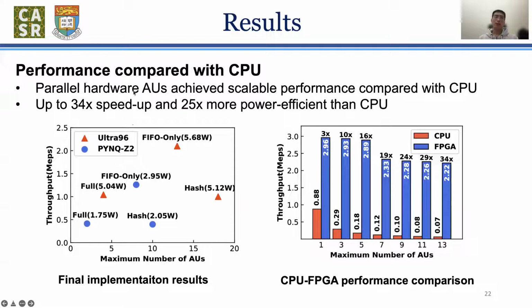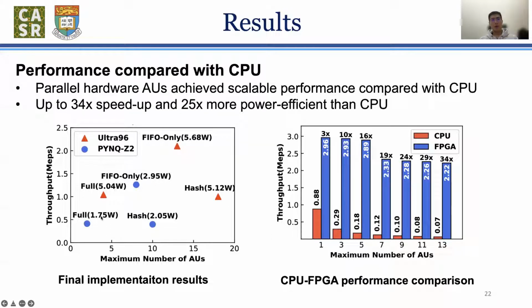In our final implementation, we devise three designs on two different edge platforms, the Ultra96 and PYNQ-Z2. We can see that for the same platform, the hash AMAP implementation can be much more resource efficient than the full AMAP implementation, while the FIFO-only implementation can achieve higher throughput, up to 2 mega events per second.